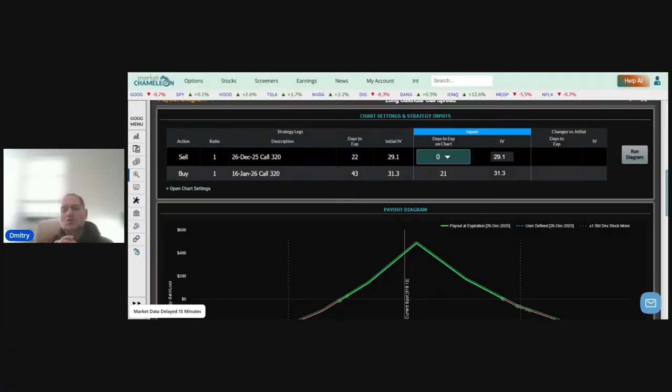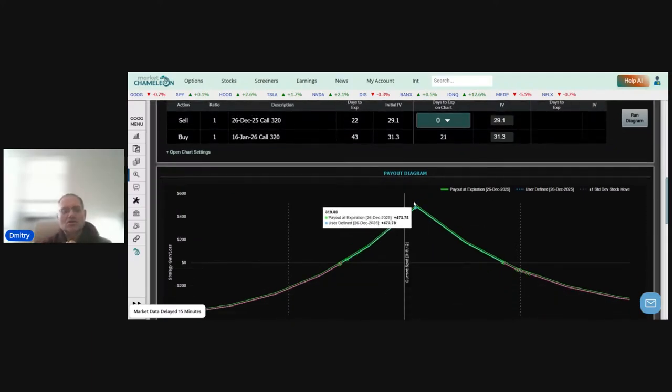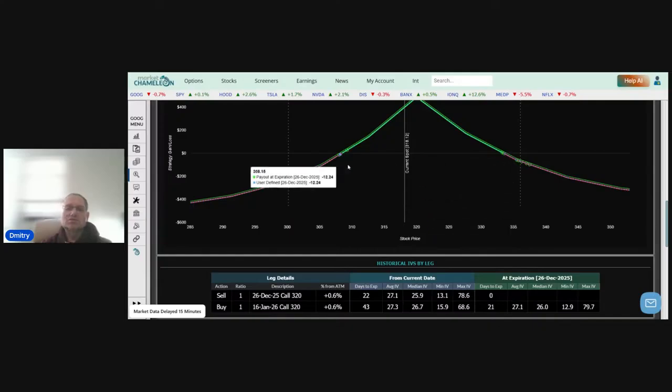As it goes more and more in the money, it acts more like stock and less like time premium. So this chart kind of shows us that our sweet spot is right at 320. And as it's moving, here are the break evens.